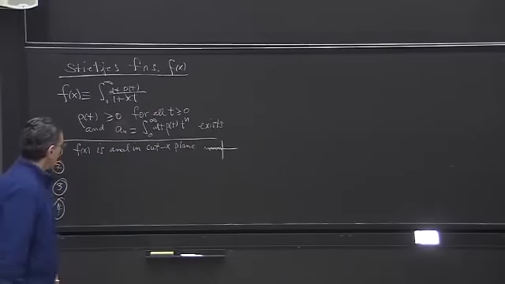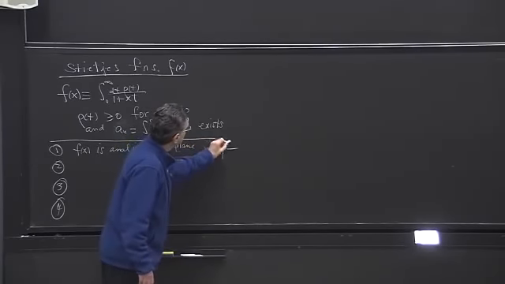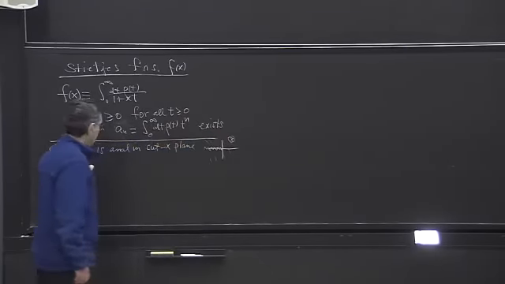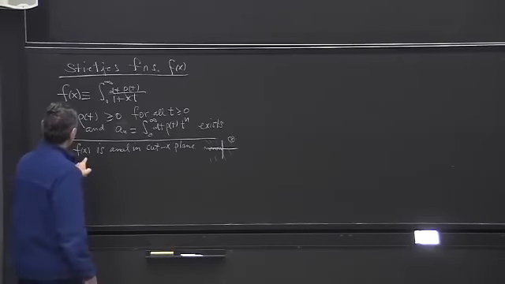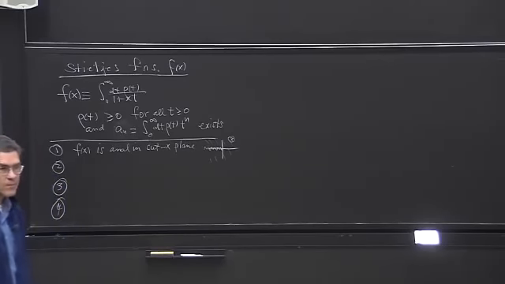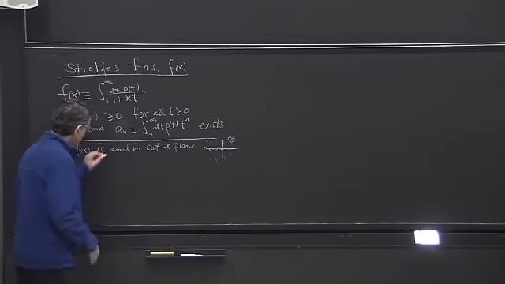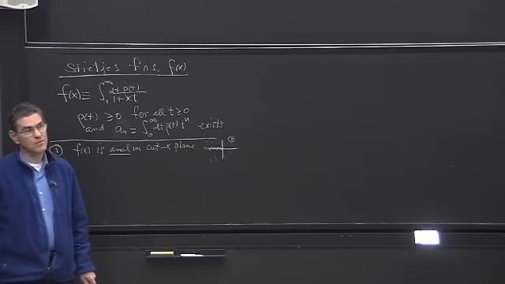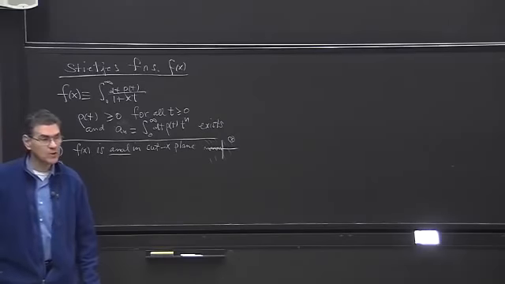So except on the negative axis, everywhere here in the complex x plane, f of x, a Stieltjes function, is an analytic function. Again, analytic means that it has a derivative in the sense of complex variables.